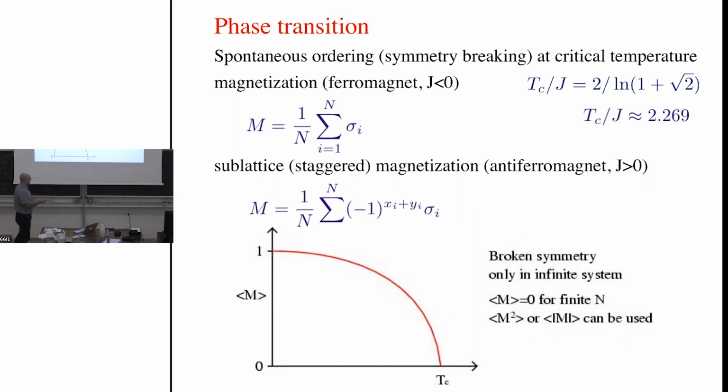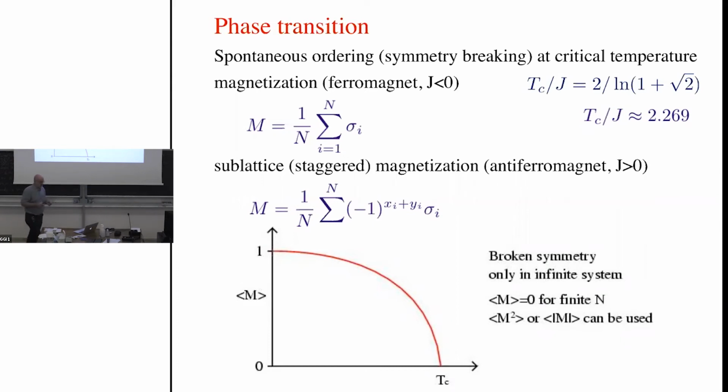Anyway, as you will see, this kind of behavior where it's really 0 above Tc, you can only see in the thermodynamic limit. And furthermore, if you really look at m, not its absolute value or square, but strictly speaking m itself, the expectation value is 0, right? By symmetry.